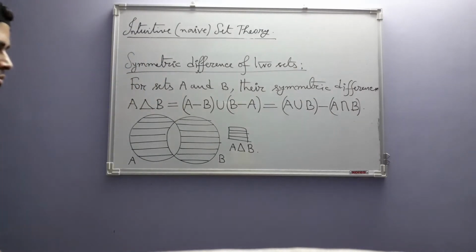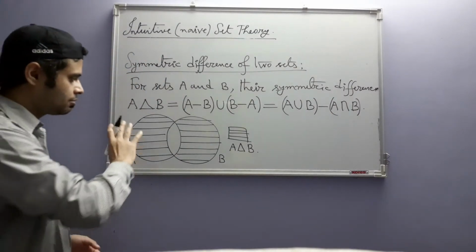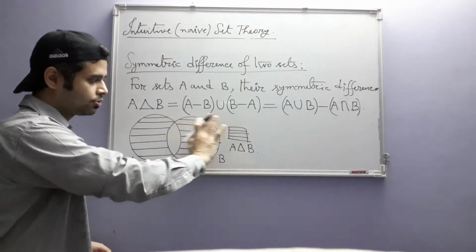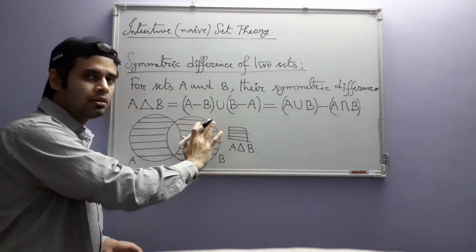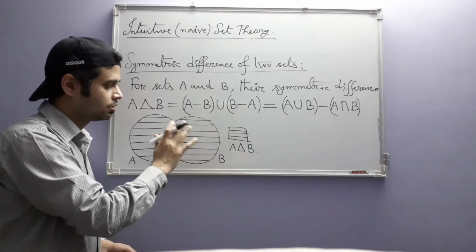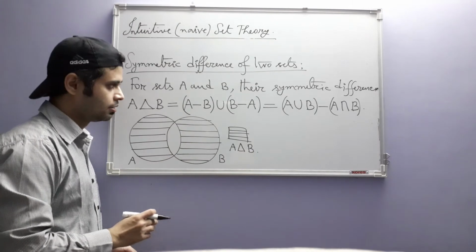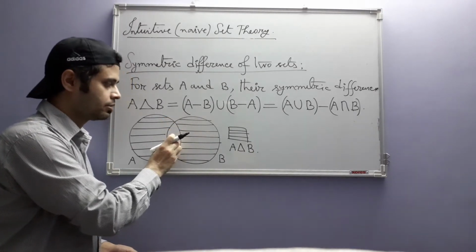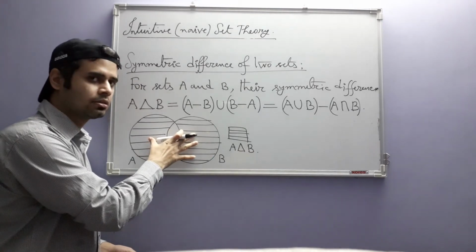You see, A union B is this whole set, I mean both the interiors of the circles or the regions, both of them taken together. From that, if I subtract this much, A intersection B, then I am left with this much.